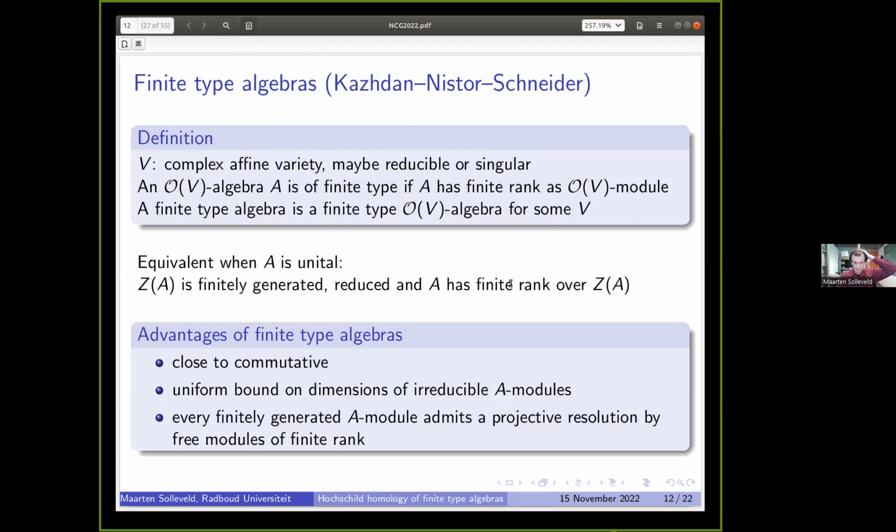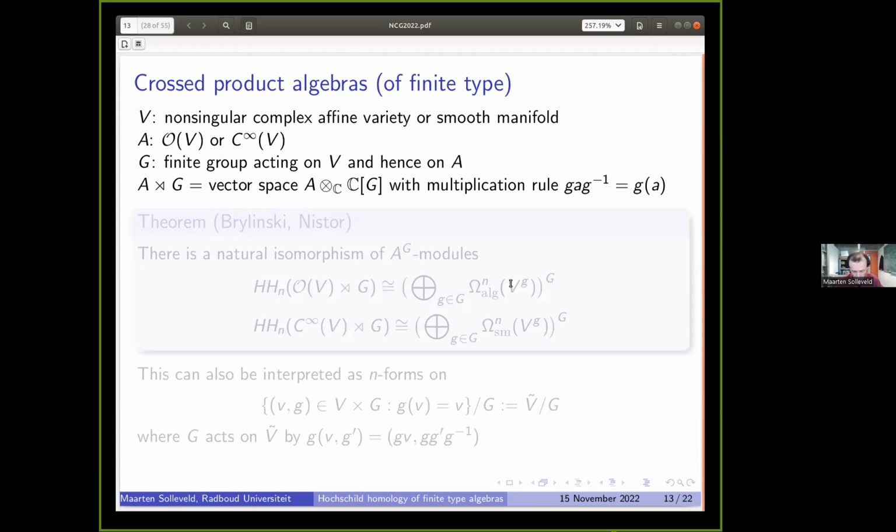Okay, so let me give you one non-trivial class of examples of cross-product algebras. I will do this both in an algebraic and in a smooth setting. Let's take a variety V, which is either a non-singular affine variety over the complex numbers, or a smooth manifold over the real numbers. Then you take the algebra of functions on this, either the regular functions on the affine variety or the smooth functions on the manifold.